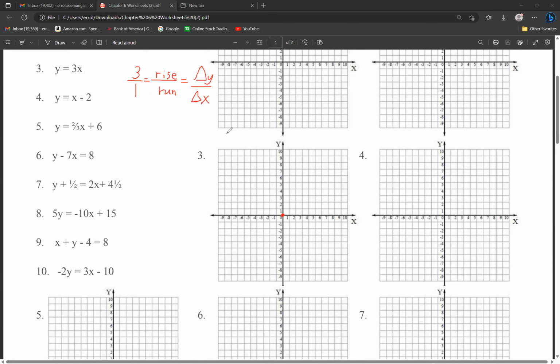So we're going up 3, 1, 2, 3, and then 1 to the right. 3 up, 1 to the right. 3 up, 1 to the right. Then we connect those dots. Making some sense? All right. Same idea on the rest of these. Okay. Number 4.